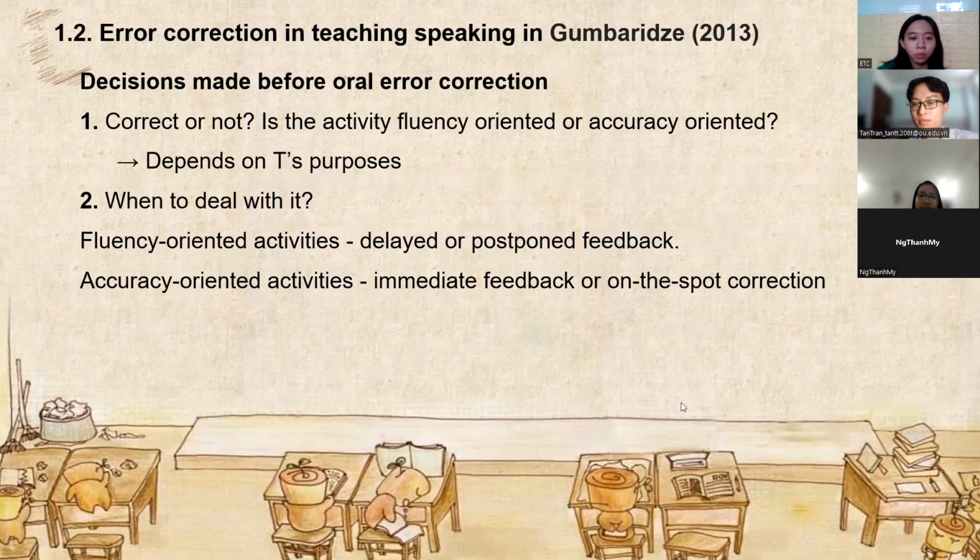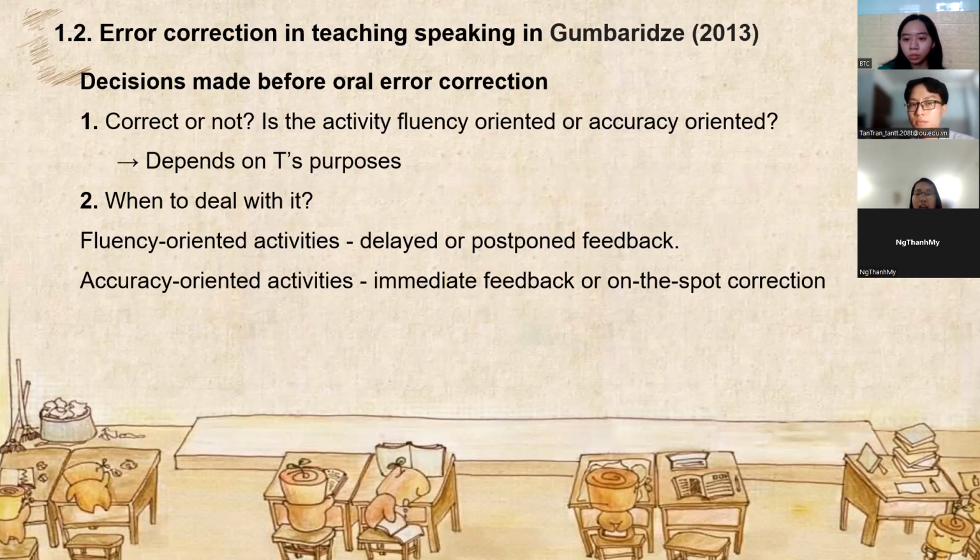First, when we design the lesson, we need to think about the target of the lesson. To answer this question, we need to consider whether the activity is fluency oriented or accuracy oriented. This depends on the teacher's purpose, which one we need to focus on.